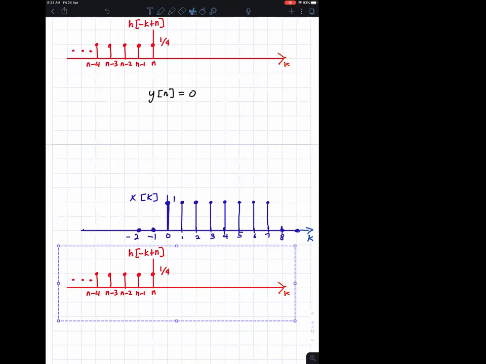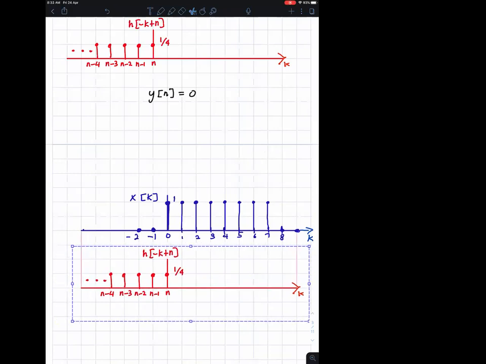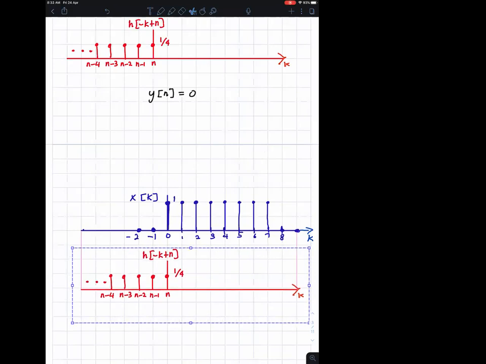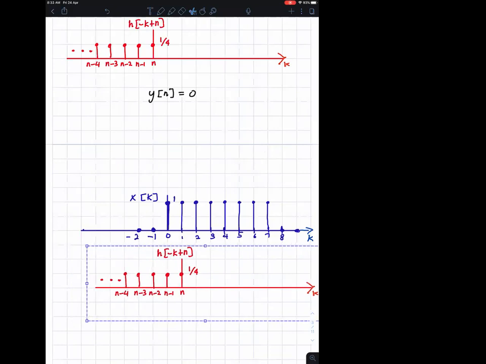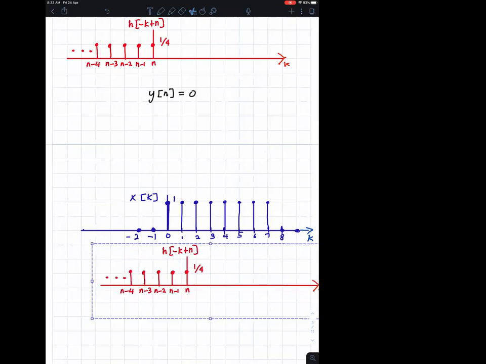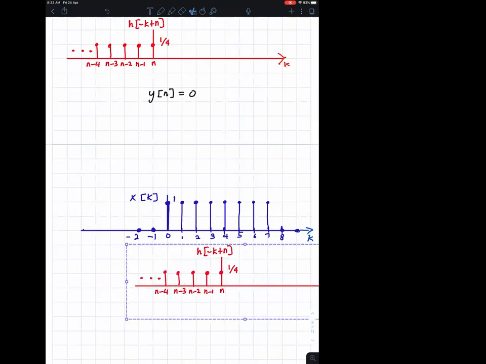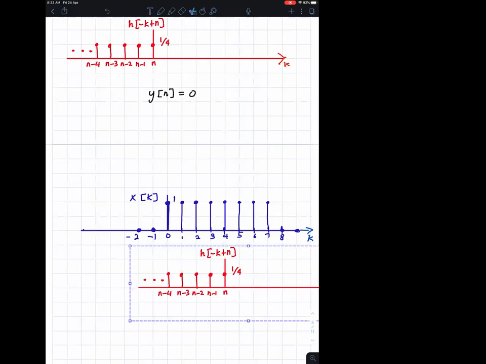When you slide in, you overlap the first signal at k equals 0. Now you keep moving, and you overlap two signals at k equal to 0 and 1. You keep moving until all of them are overlapped. So now you see all of them are overlapped.